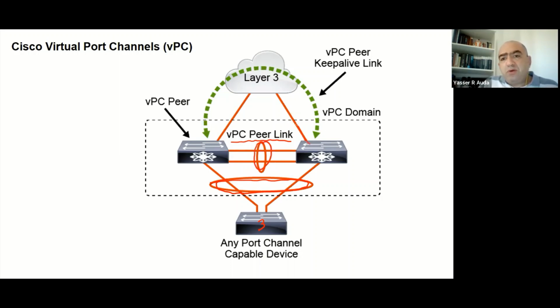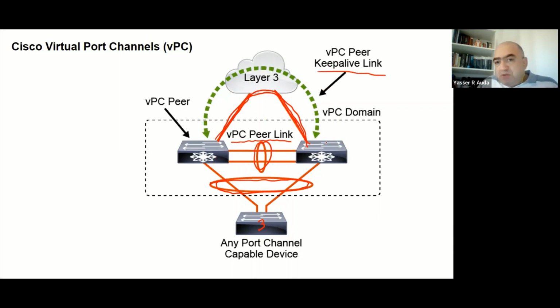So they will be connected to a network, let's say 10.0.0.0, and they will keep sending their own keep alive messages through these other links. This is what we call the keep alive link.